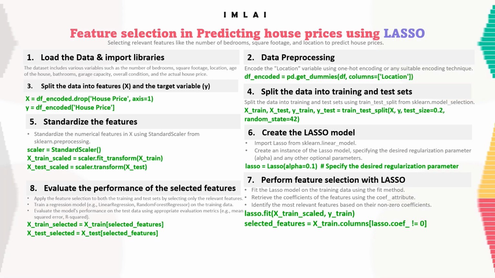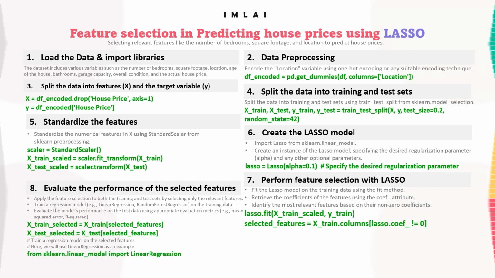So X train selected and X test selected, both we will take, and then we will train a completely new regression model because we got the features. Now we just want to check the performance of these features with respect to the target variable. For that, I'm going to use a linear regression algorithm. From the sklearn library, linear_model package, import the LinearRegression module.